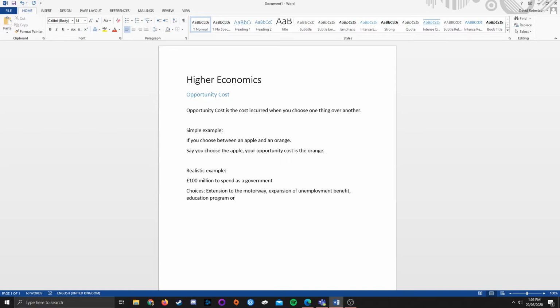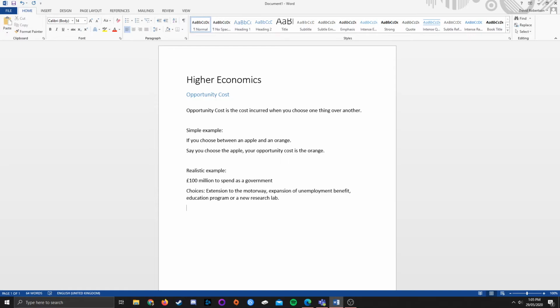Or let's go for the last choice, a new research lab for something. Okay, could be anything. It doesn't really matter. This example is quite abstract. You don't really need to have a very defined idea of what all these examples are.